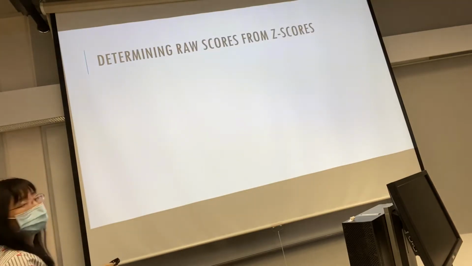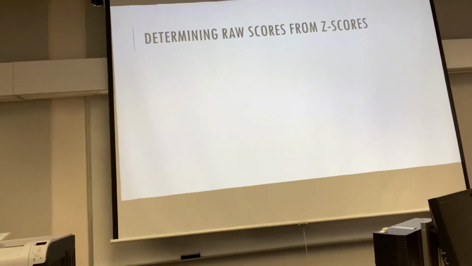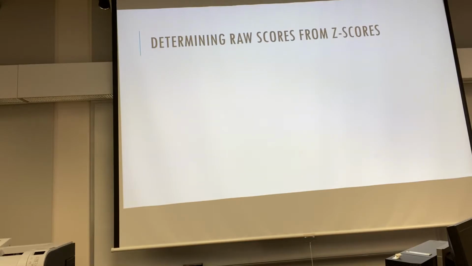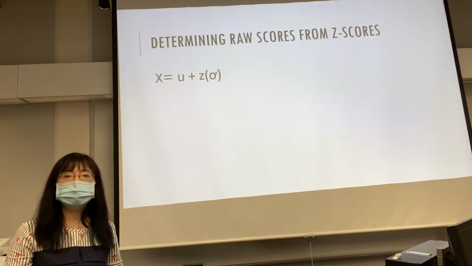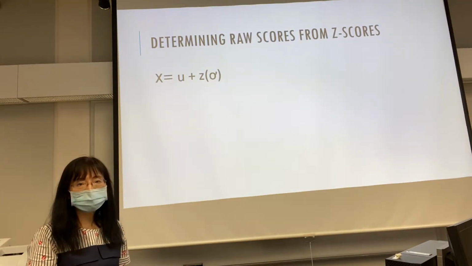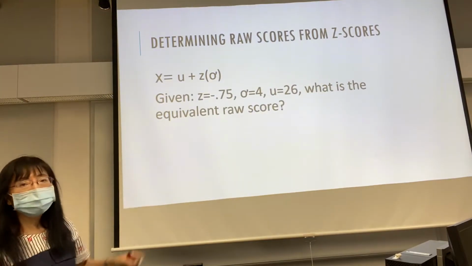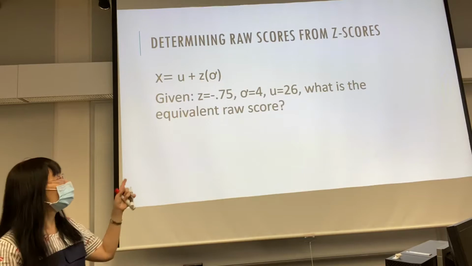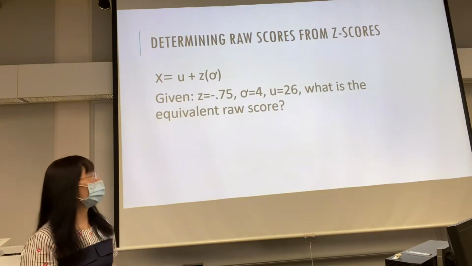Here, if we know the Z score, then how do you determine the raw score? You can see the formula: X equals mu plus Z times the standard deviation.